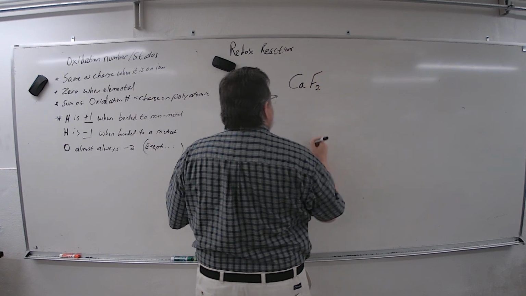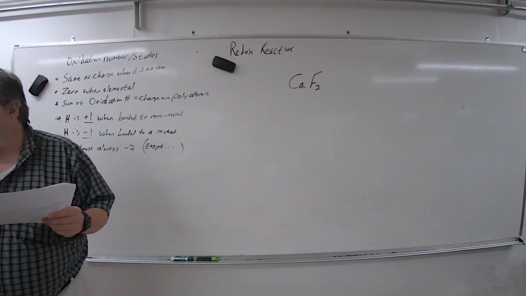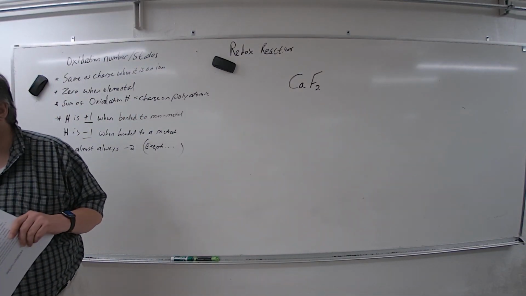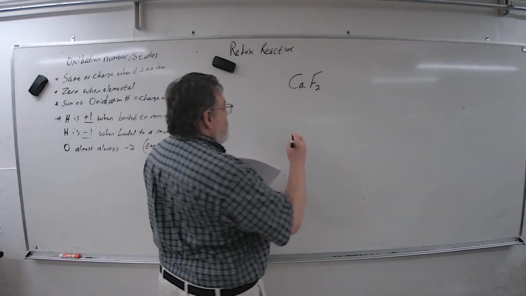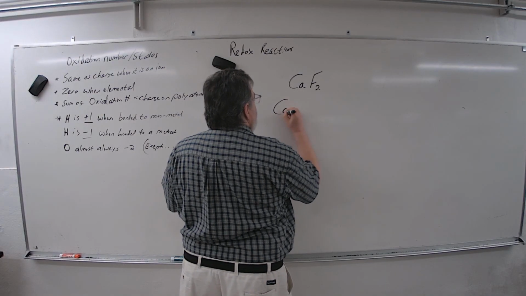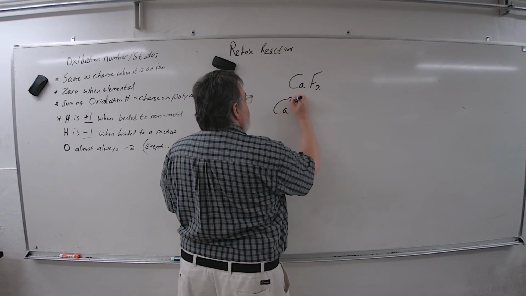CaF2. So ionic compounds. What is the typical charge on calcium? 2 plus. And what's the charge on fluorine here?